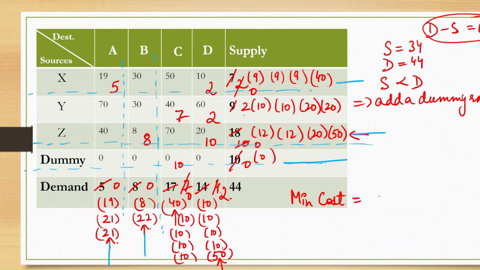And the minimum cost again can be calculated using the same 19 into 5, 2 into 10, 7 into 40, 60 into 2, 8 into 8, 20 into 10, and lastly 10 into 0, that is 0. So we could quickly calculate the value.